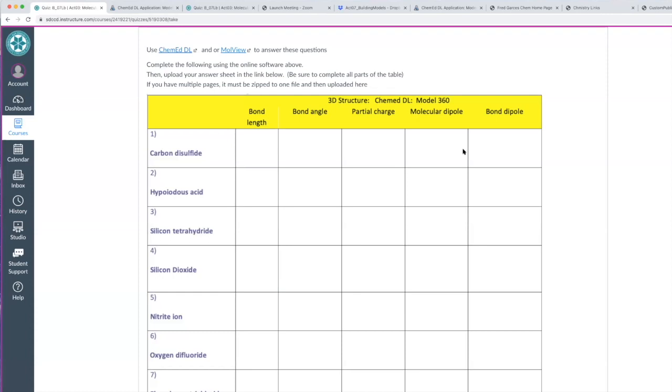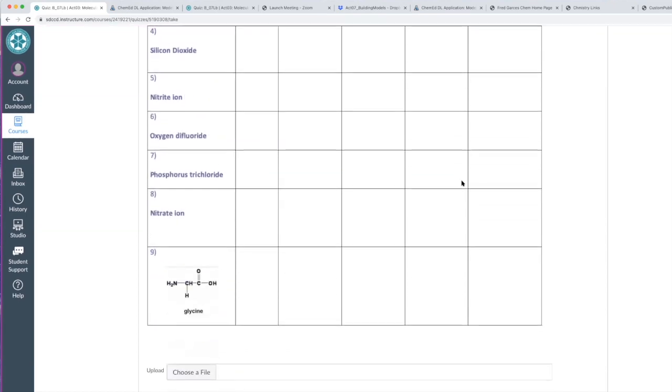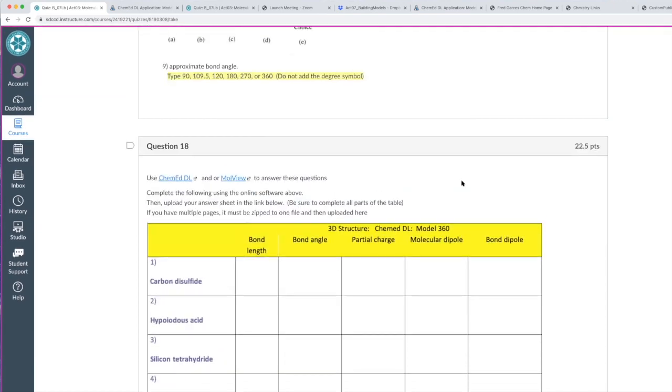Okay. So you guys have any questions? I think it's pretty straightforward, but try and do this if you can before you take the quiz this weekend. If you are in my lecture, it'll give you a lot of practice. Okay. But that's all I have to say for this activity.